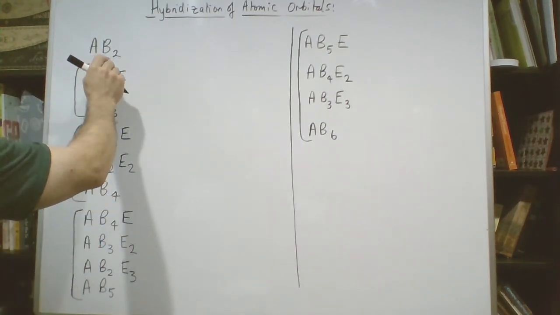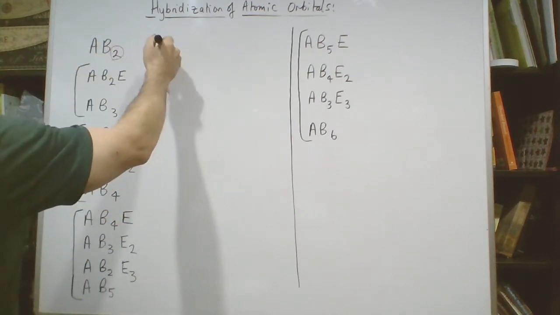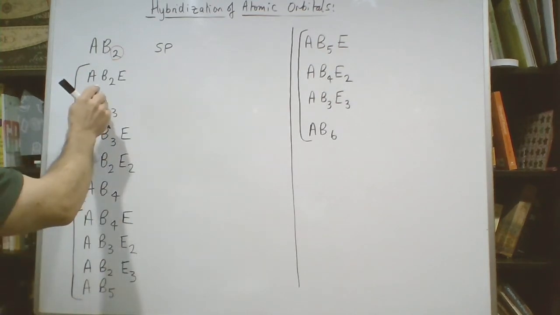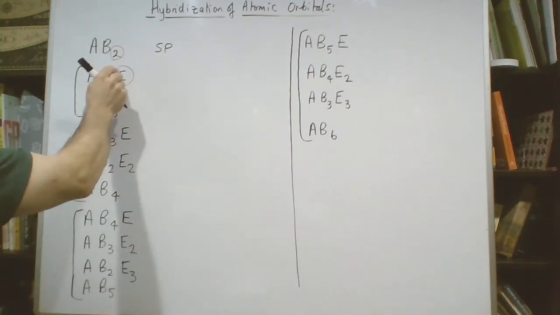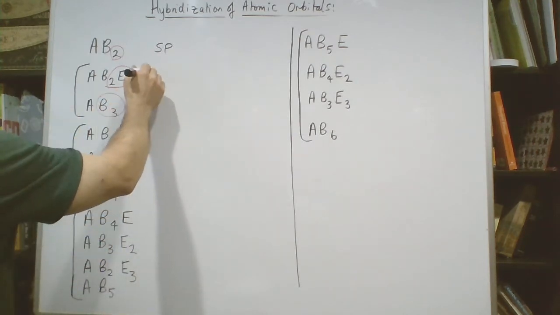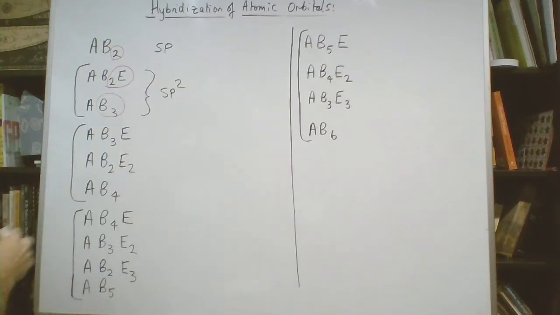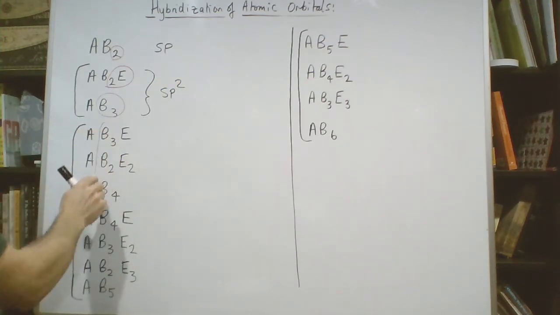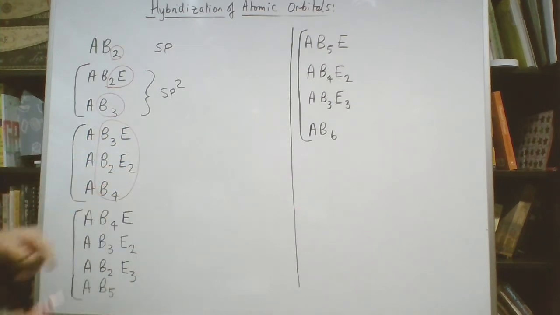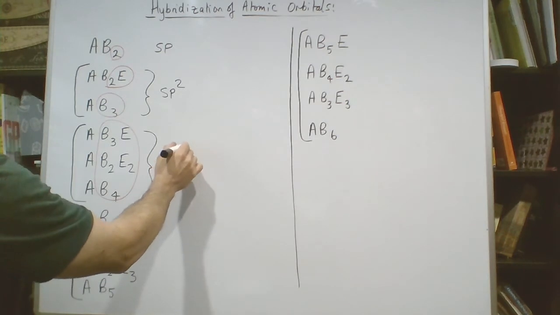So if I've got 2 electron groups, then I need sp hybridization. Here I've got 3 electron groups. Here I've also got 3 electron groups, so I need sp2 hybridization. In all cases here, I have 4 electron groups, whether it be 3 and 1, 2 and 2, or 4. So here I have sp3 hybridization.